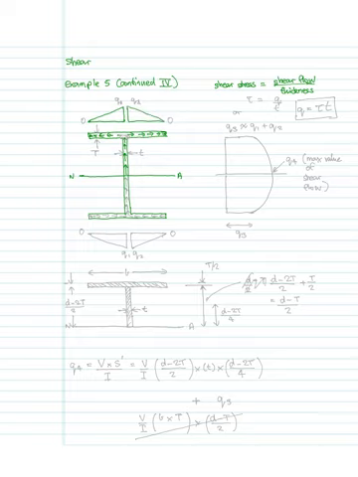So up the flange, or across the flange, there's going to be a shear flow going down to 0 at the end there, and that value there is going to be Q1 and Q2, and that value there is going to be Q1, and both are going to be of the same magnitude.